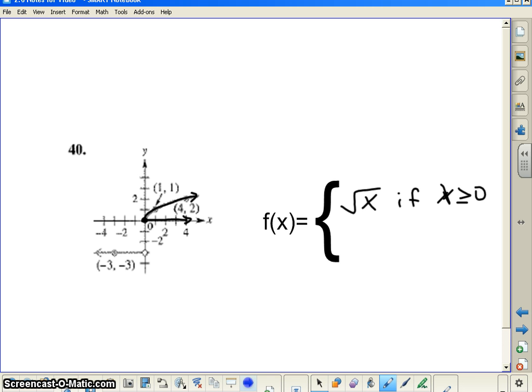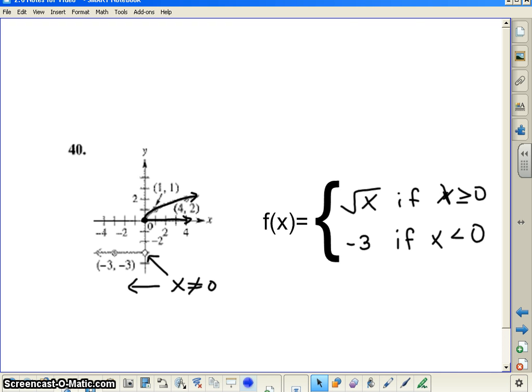Okay, and then we also have another function down here below. Notice that x is not equal to 0, but everything less than 0 is going to graph the function -3.